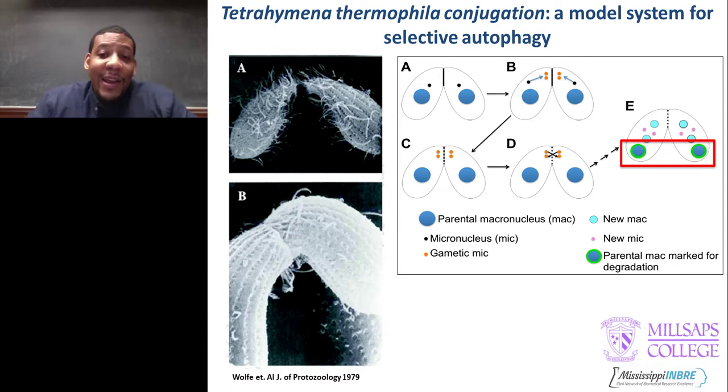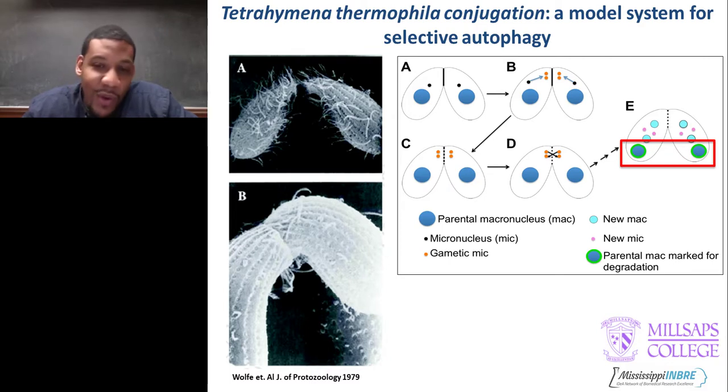And that's highlighted here in the red box. That macronucleus is labeled in green because I made the cartoon that way. But the reason I labeled it green is because there's been a wealth of evidence in Tetrahymena that the old macronucleus that gets destroyed in order for these cells to gain the new phenotype is coated with autophagosomes, okay?